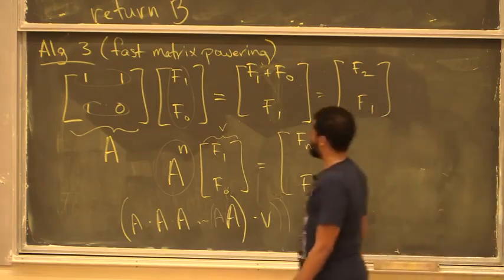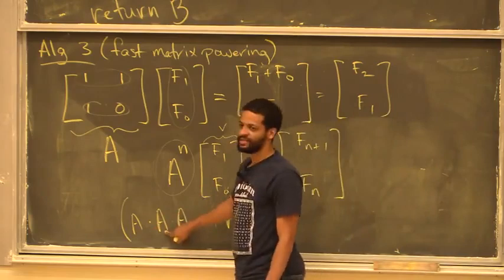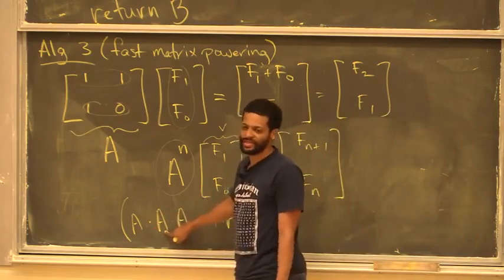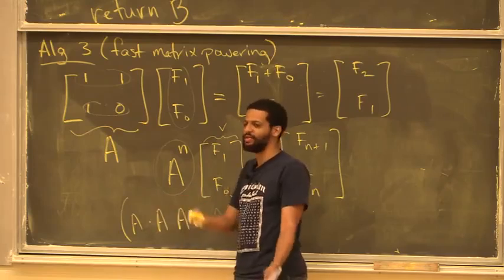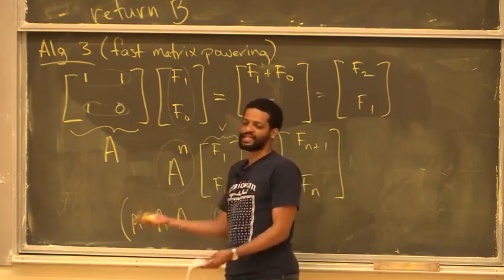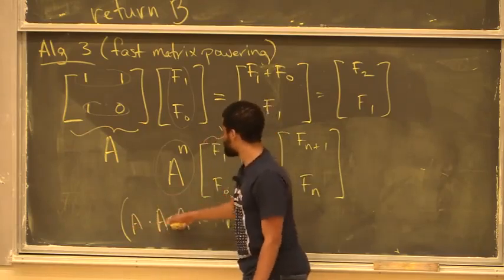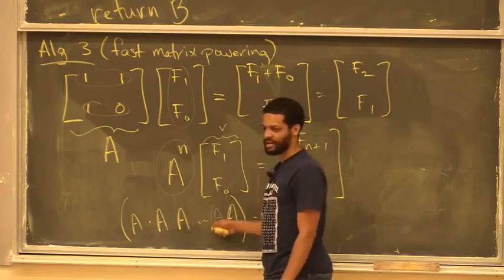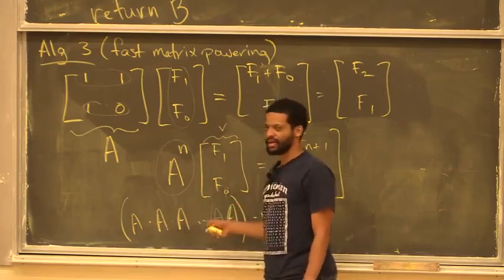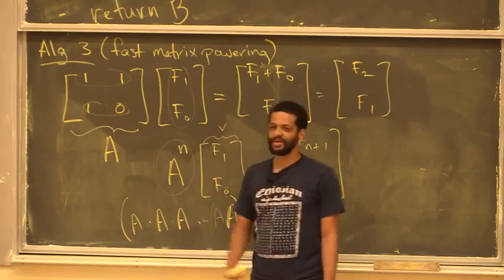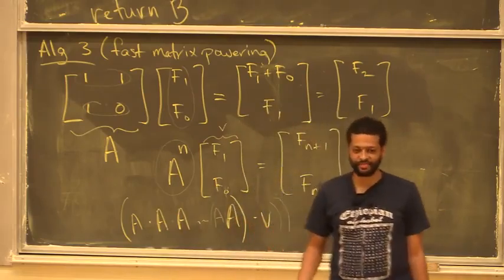Okay, so we could do A times A. That takes a constant number of flops. It's a 2 by 2 matrix, so multiplying a 2 by 2 matrix by a 2 by 2 matrix takes some constant number of flops. A by A is a constant number of flops, times A again is a constant number of flops, and so on. So it's basically O of n flops, right?